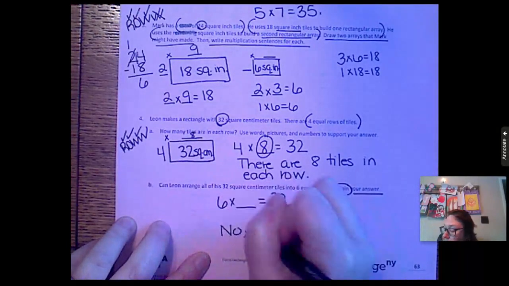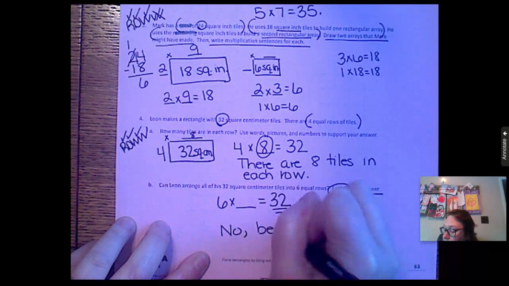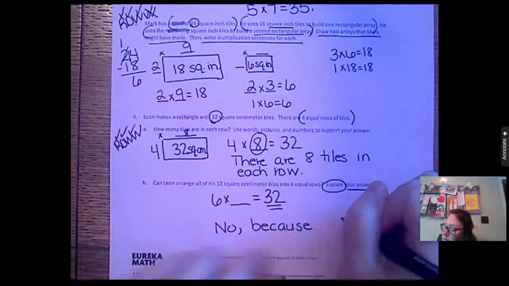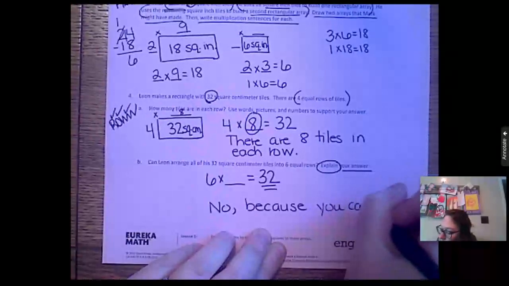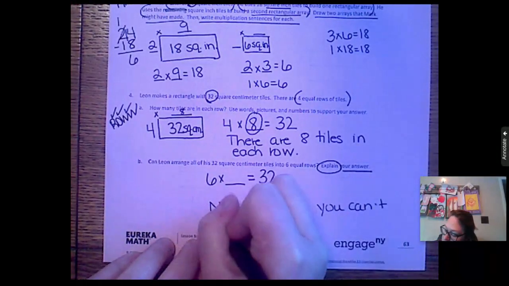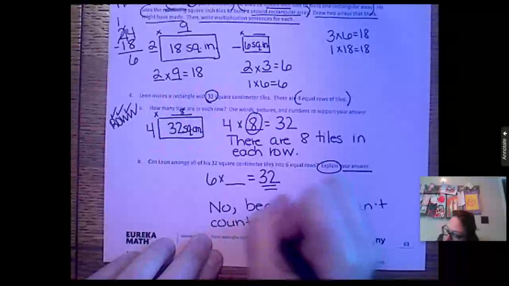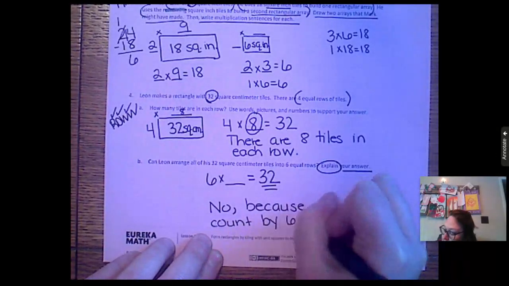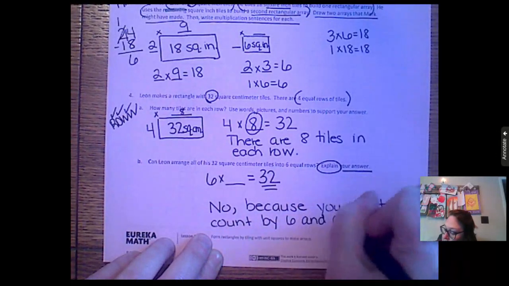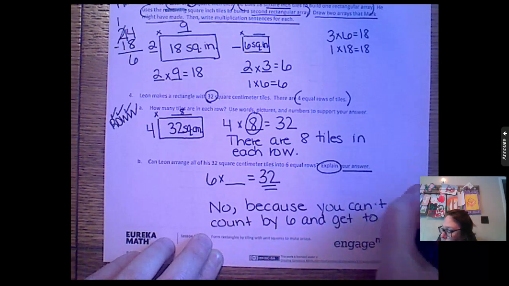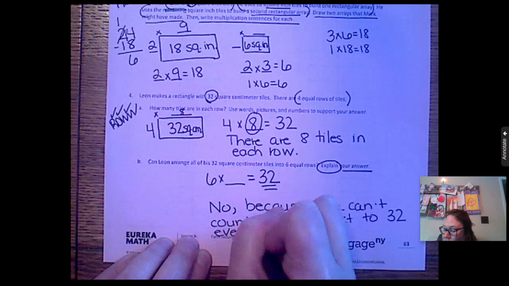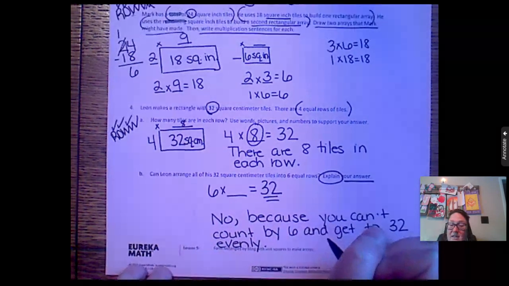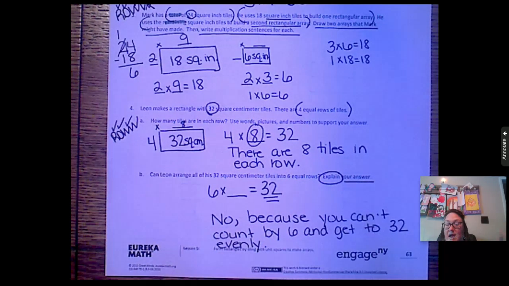No, comma, because you can't count by 6 and get to 32 evenly. That just means that when I'm counting by 6s, it won't stop on 32.